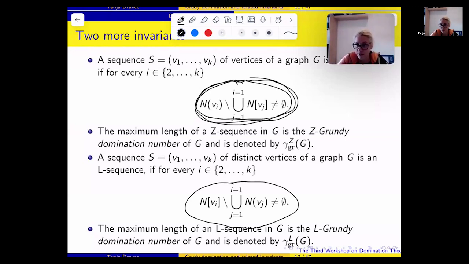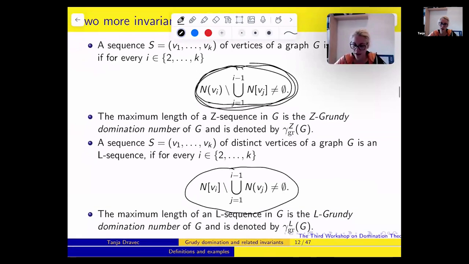And of course, the Z-Grundy domination number is the maximum length of such sequences. Finally, we can also consider the L-sequence, which is a sequence of distinct vertices with the property that each vertex of the sequence dominates at least something that was not totally dominated by the previous vertices of the sequence. The L-Grundy domination number is the cardinality of the longest such sequence.